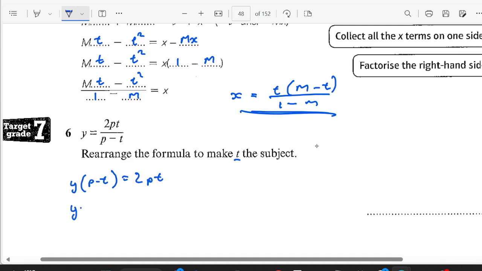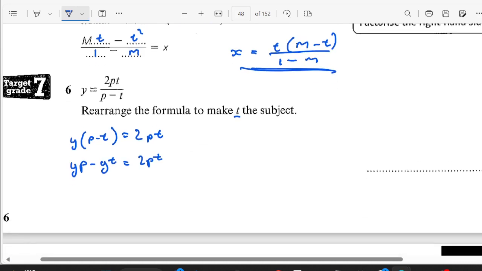So yp minus yt is going to be equal to 2pt. I would then decide which side I want to move my t's to, and I always want to keep them as positive as I can, so I'll move my yt over to this side by adding yt to both sides. So that's going to give me yp is equal to 2pt plus yt.